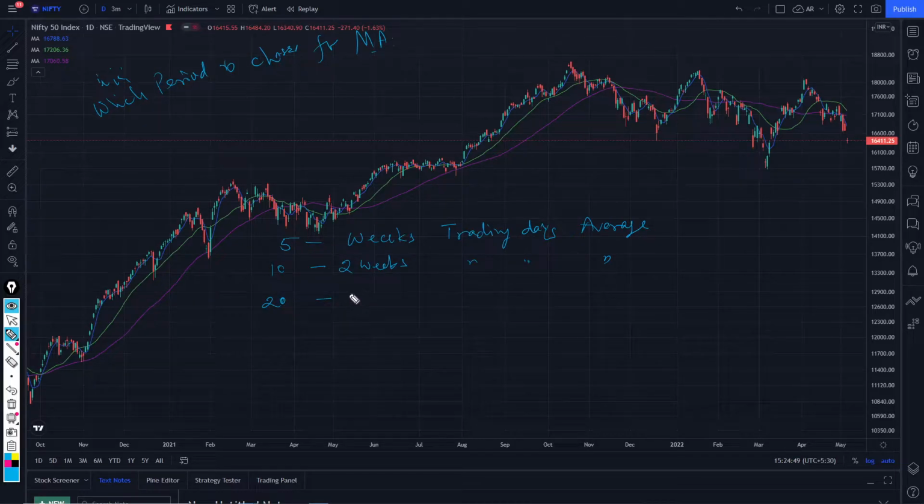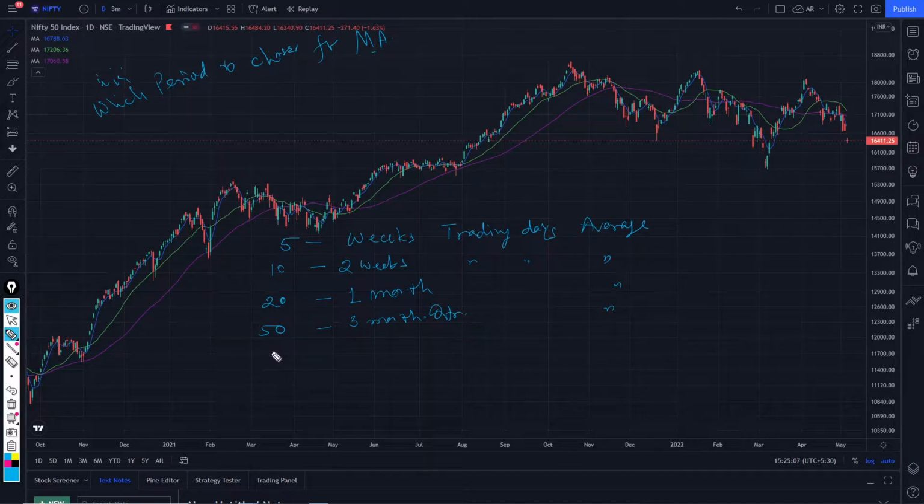Now 20 gives almost 1 month average. Okay, 50 gives almost 3 months, a quarterly average.